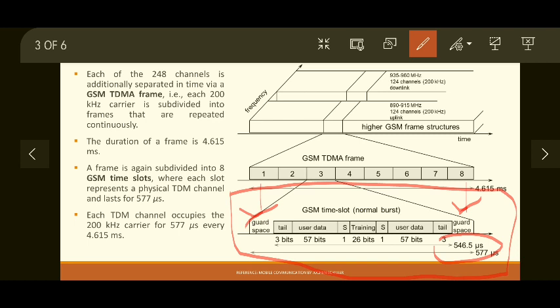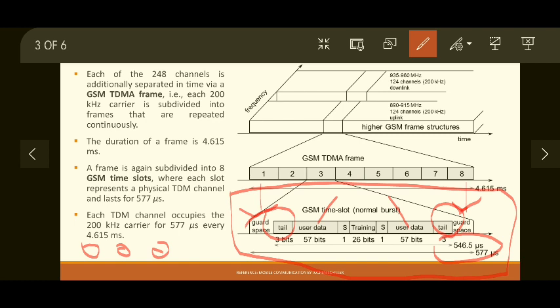After that, 3 bits at the start of the actual data slot and 3 bits at the end of the data slot are used for synchronization, inserted as 0. These are called tail bits. During this, slot synchronization can happen. Then there are 2 sub slots for transmission of user data. These slots include 57 bits each.